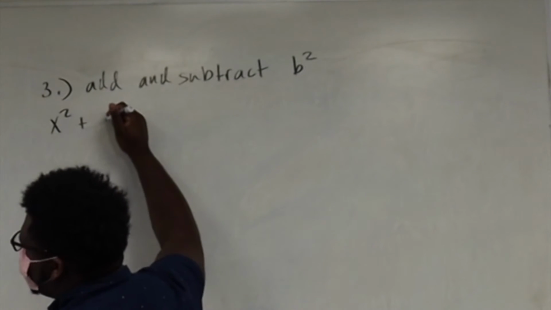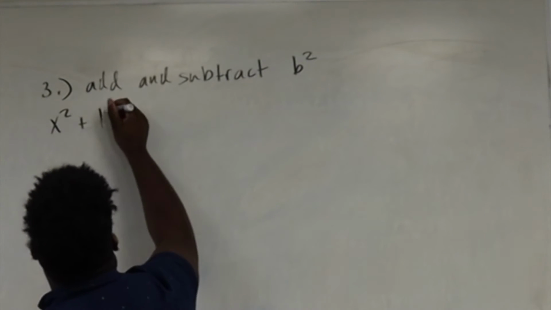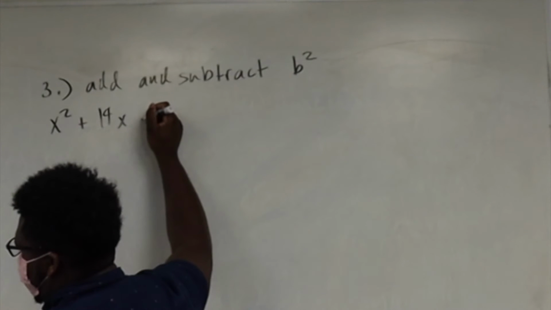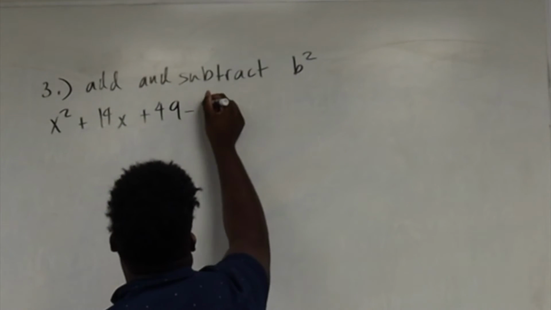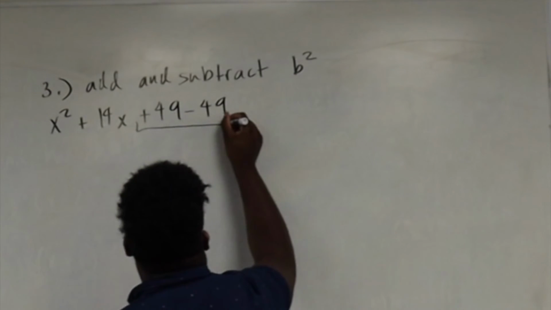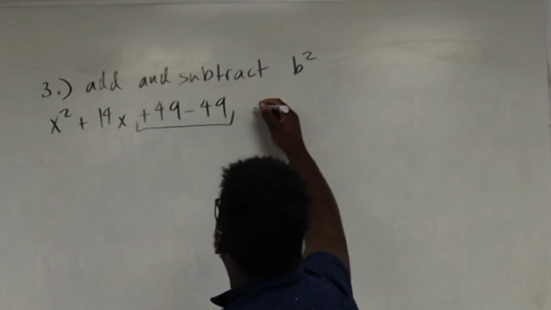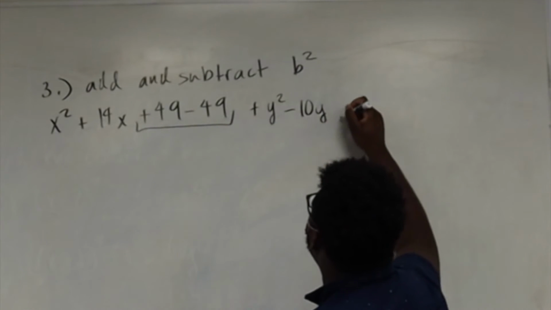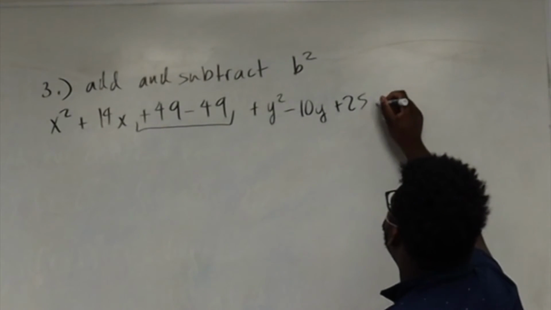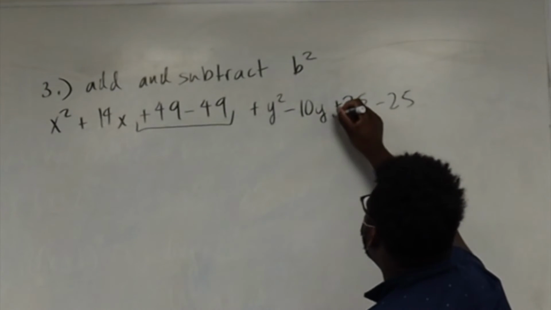We'll do x squared plus 14x, and then plus 49 minus 49. Then the other one, plus y squared minus 10y plus 25 minus 25.